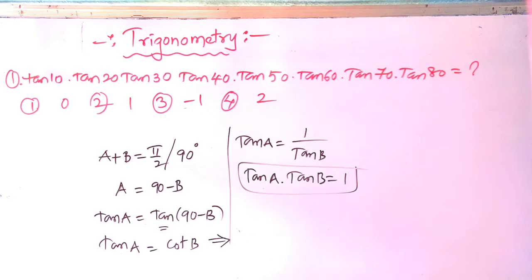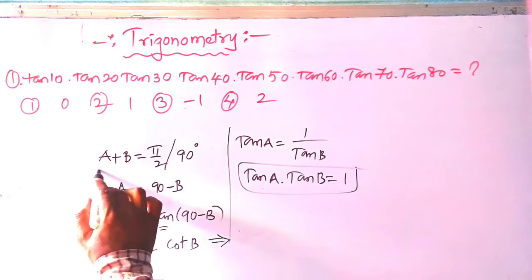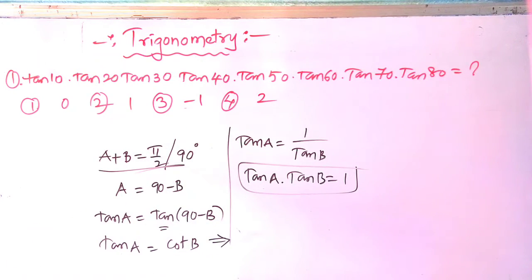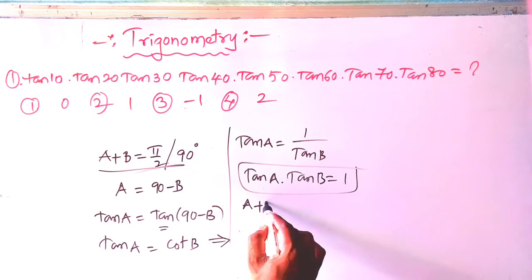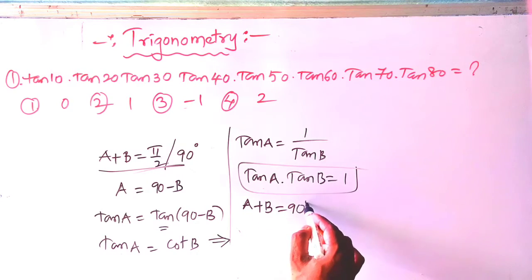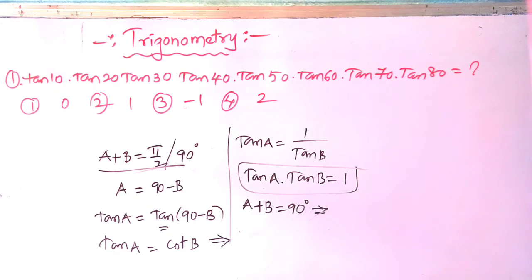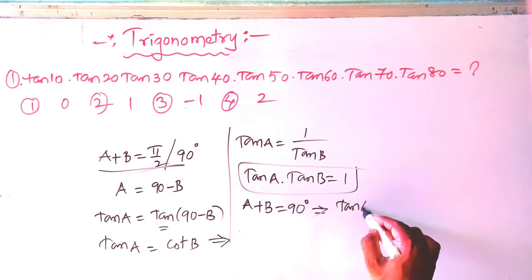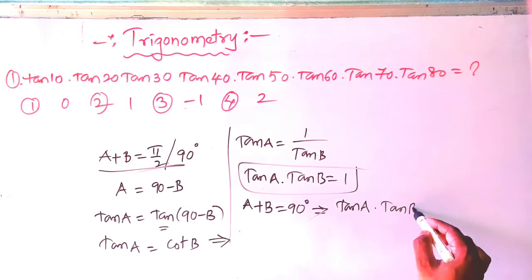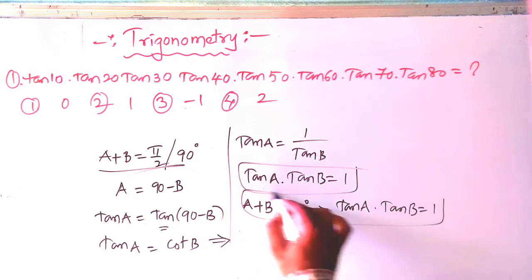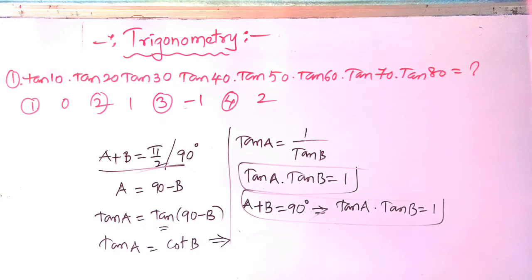Clear? So when A plus B equals 90 degrees, that implies tan A into tan B is equal to 1.